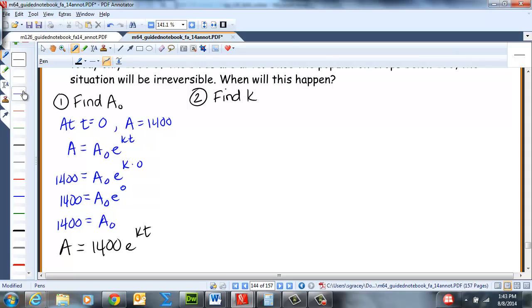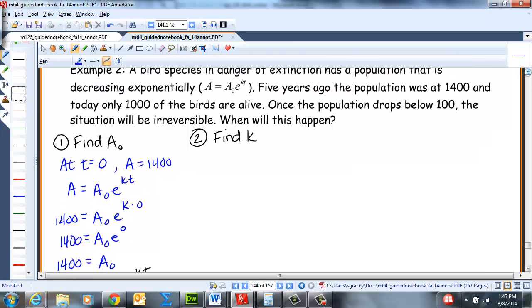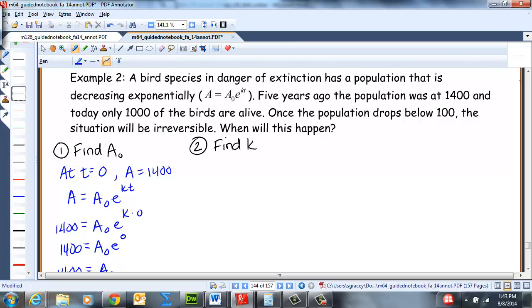All right, so here we are. The other information we were given was today only 1,000 of the birds are alive, right? So today is 5 years from time 0.